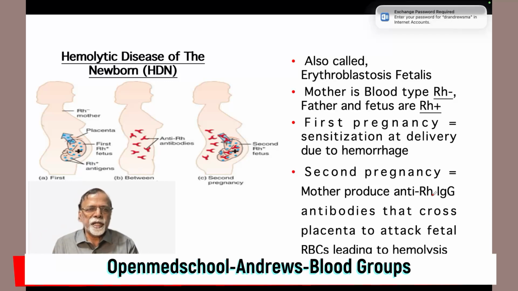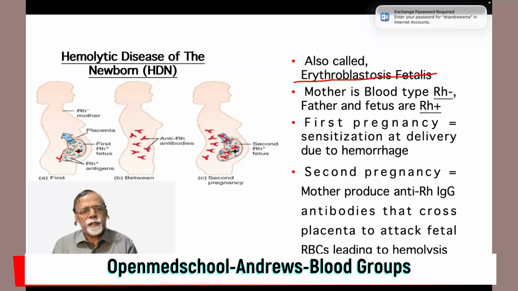This is called the hemolytic disease of the newborn, otherwise called erythroblastosis fetalis. I will explain this. Mother is RH negative, father is RH positive, and the fetus is RH positive. Suppose it happens like this.